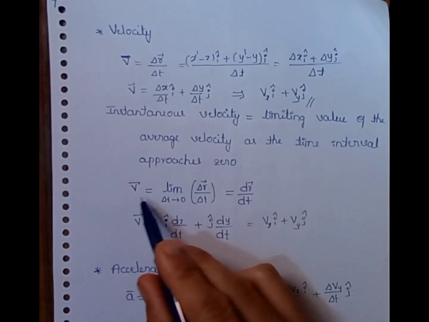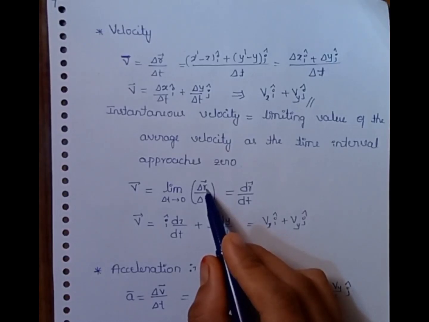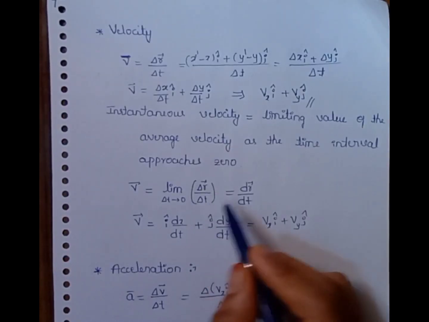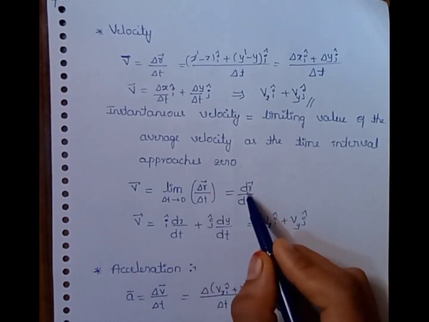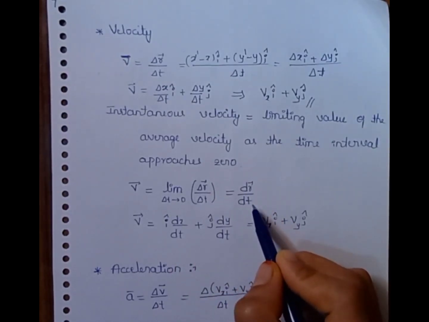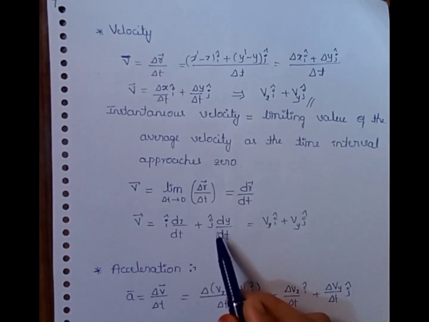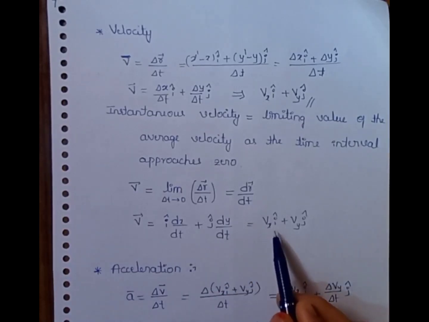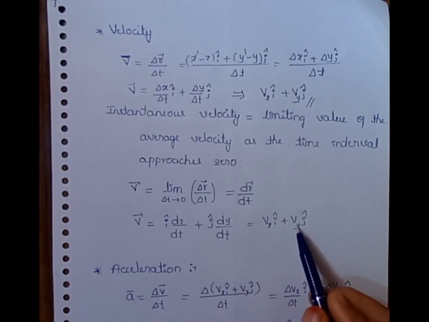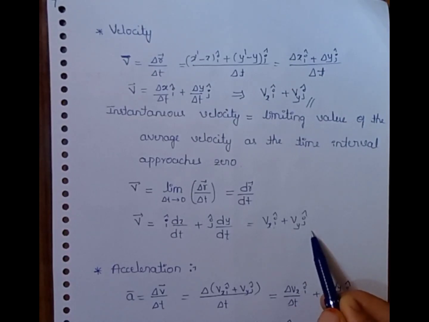So vector v is equal to the limit as delta t tends to 0 of delta r by delta t, which gives dr by dt. So v is equal to i dx by dt plus j dy by dt. dx by dt can be written as vx, so v is vx i cap plus vy j cap.